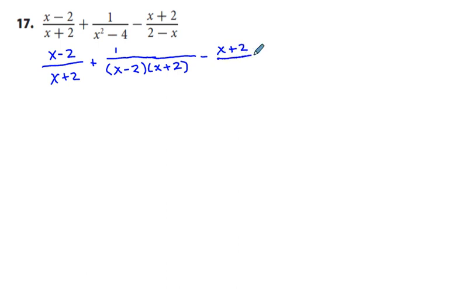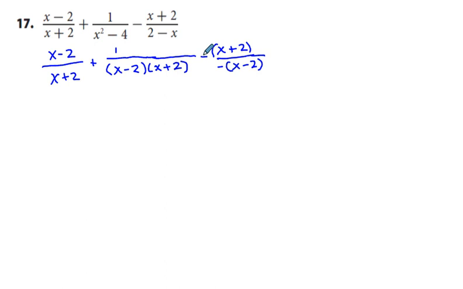And what I'm going to do is factor out a negative sign here. So I'm going to put negative x minus 2. And what that's going to do, I'm going to go ahead and wrap this in parentheses.